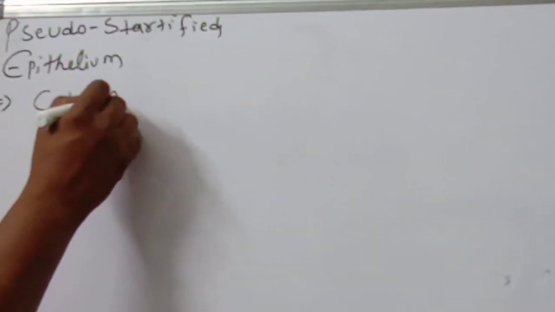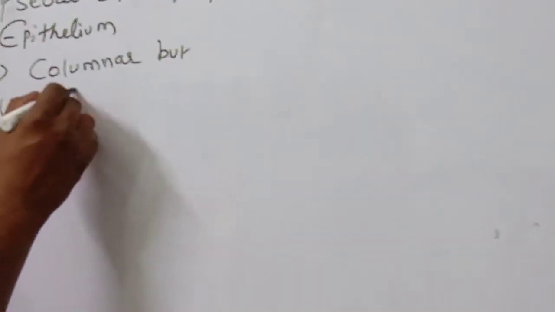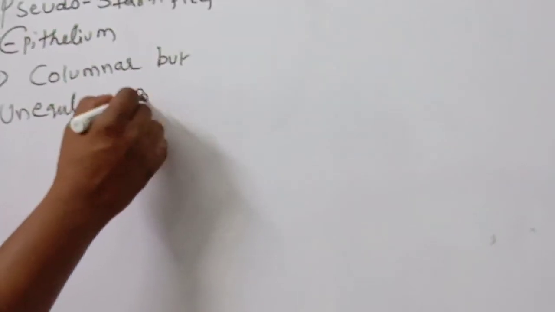This point you should remember. The cells are columnar, they look like columnar, but are unequal in size.